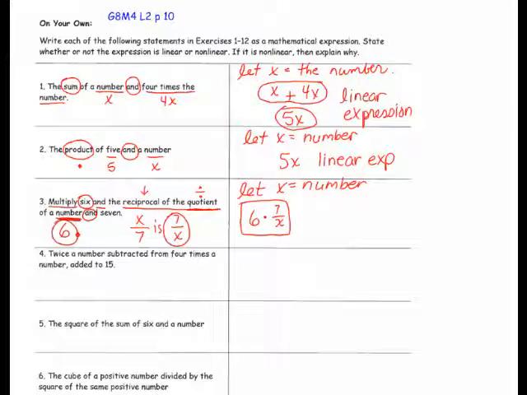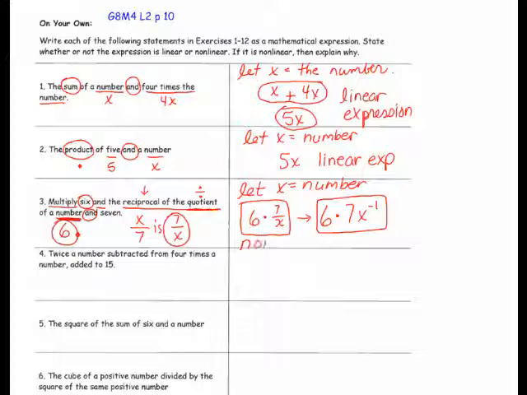Now be careful on this one because think about what your exponent would be. When x is your divisor, that would be x to the negative 1 power. So this can be rewritten as 6 times 7x to the negative 1 power. So would this be linear or nonlinear?